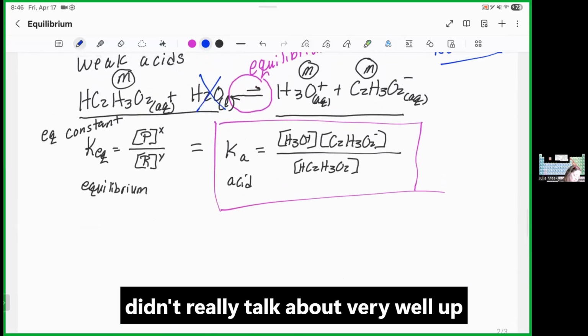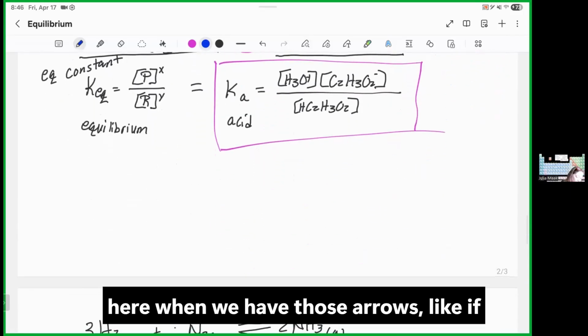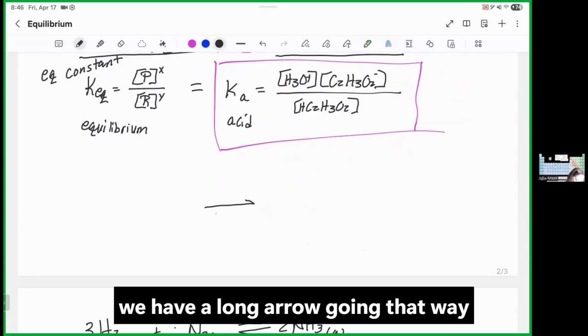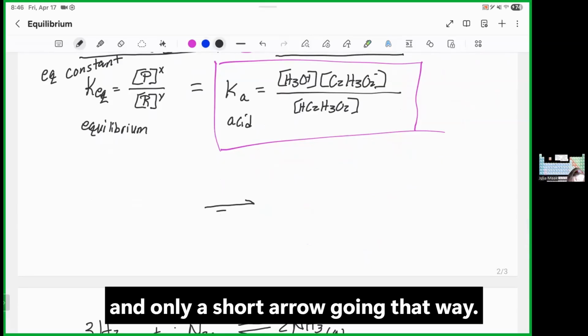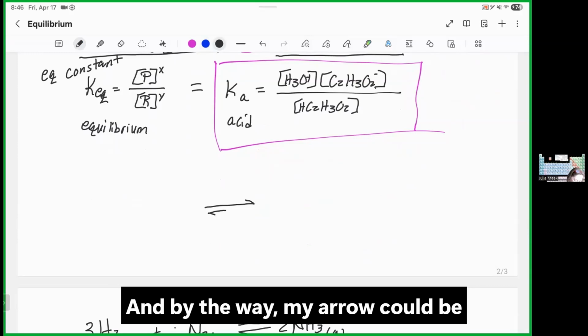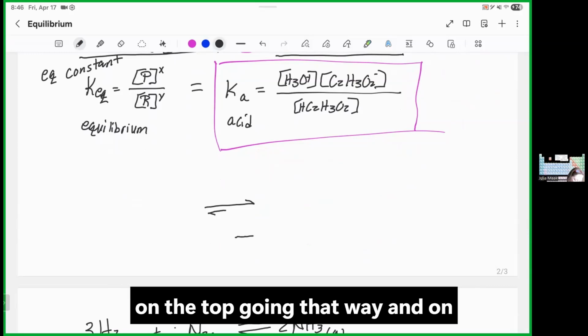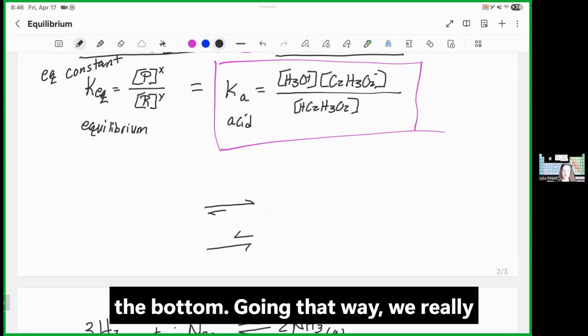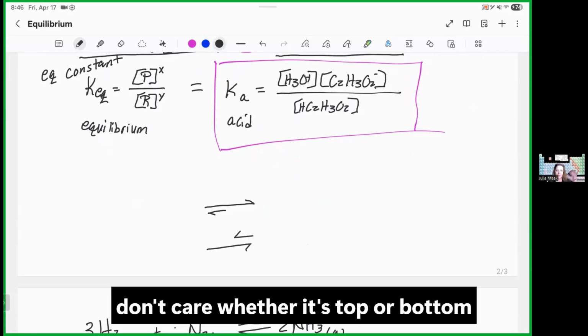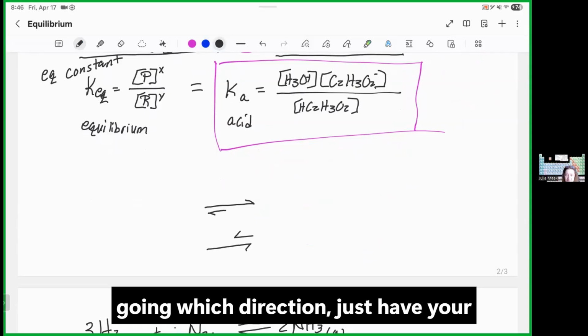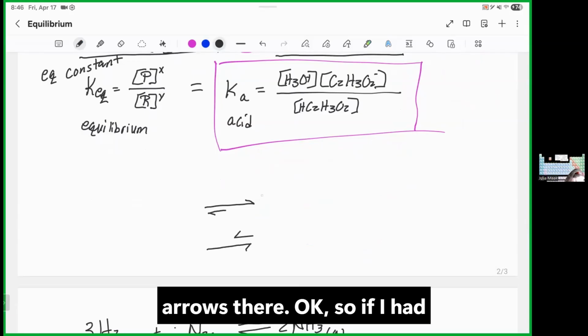I didn't really talk about this very well up here. When we have those arrows, like if we have a long arrow going that way and only a short arrow going that way, and by the way, my arrow could be on the top going that way or on the bottom. We really don't care whether it's top or bottom going which direction.